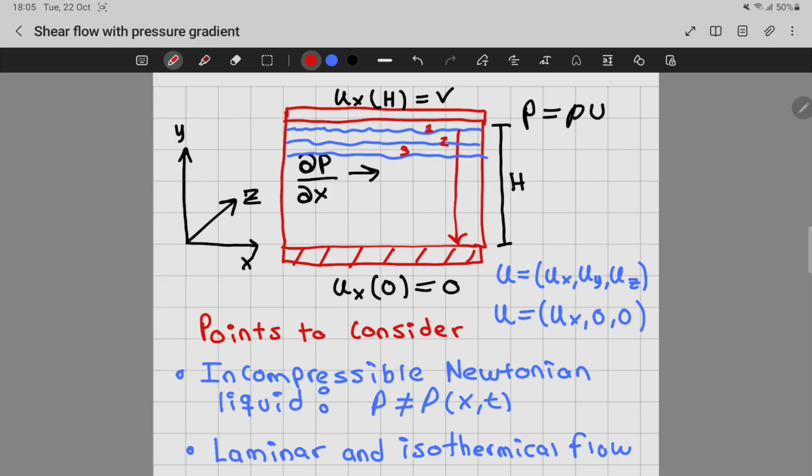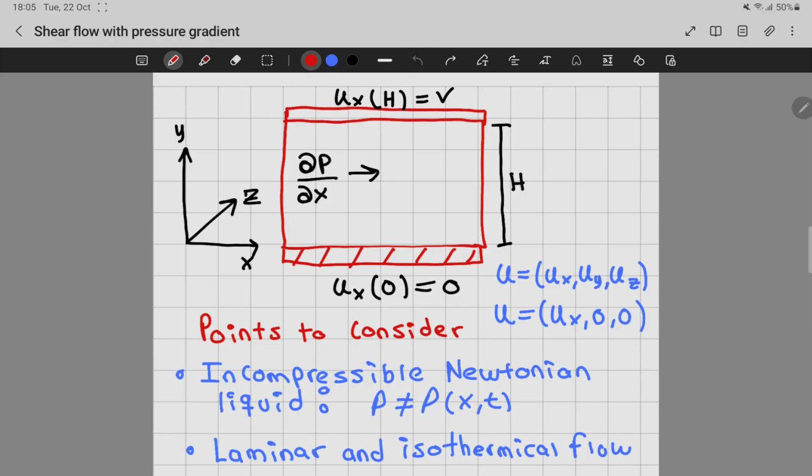And the layer of fluid 2 will have a lower value of velocity compared to 1. And then the layer of fluid number 2 will also drag down the layer of fluid number 3, and the velocity in the layer of fluid 3 is going to be smaller compared to the velocity at the layer 2, and so on. So that was for the case of simple shear flow.